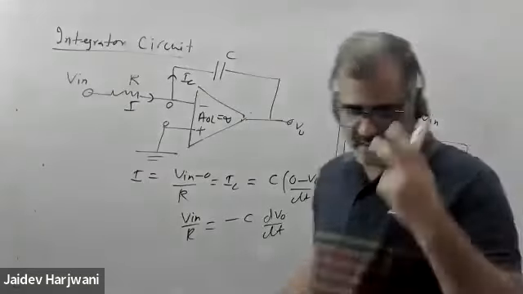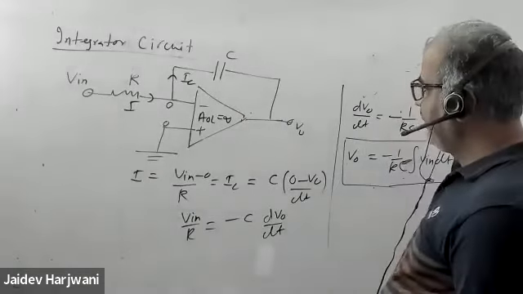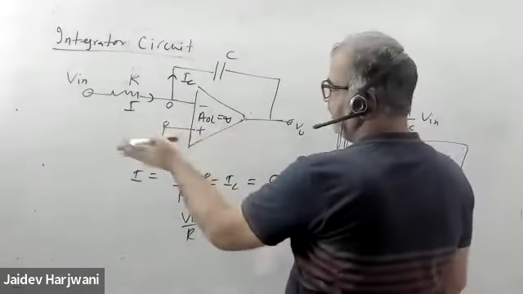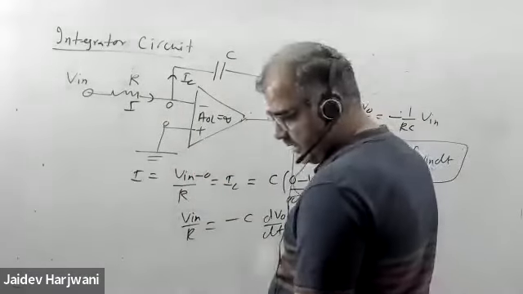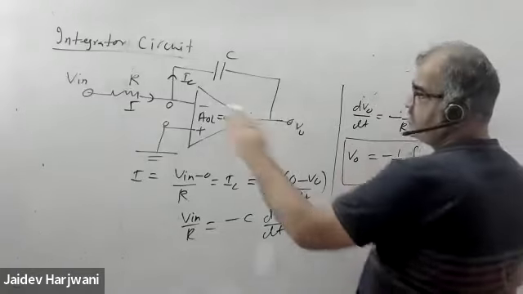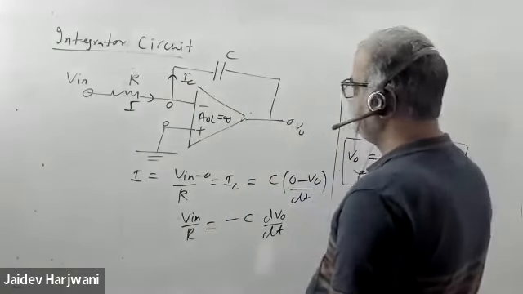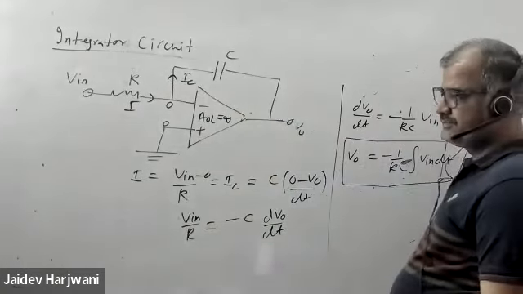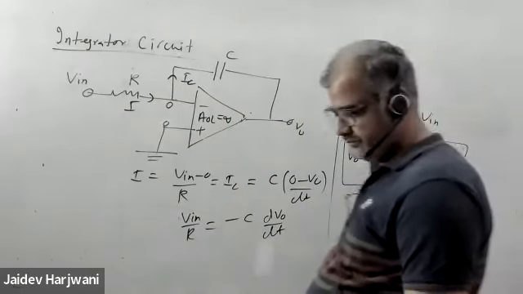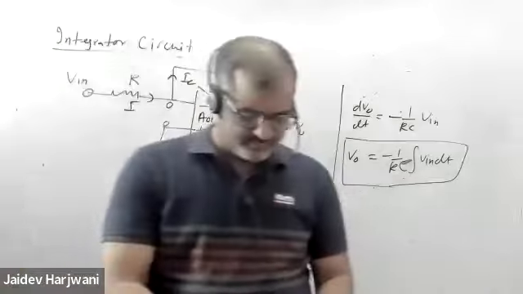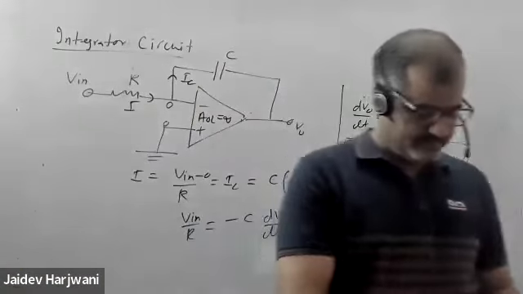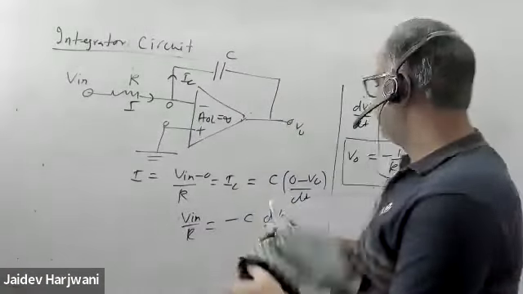Now similarly we can do the differential circuit. The differential circuit is the same, no difference, only the capacitor will come here and the resistance will go there. Then your output will be the differentiation of your input. So do it now, the differential circuit.